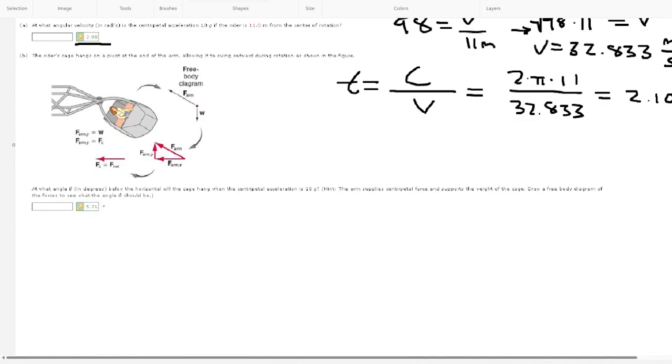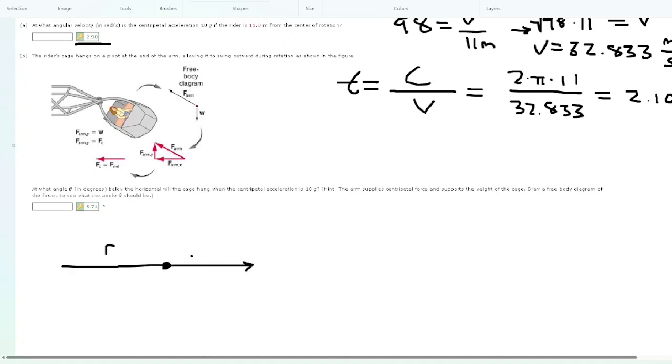Alrighty. So, as I said with the demonstration, what we're going to have is this arm, which is radius r, the bag, which is the force of gravity, going this way, and then let's go ahead and write centripetal acceleration first.